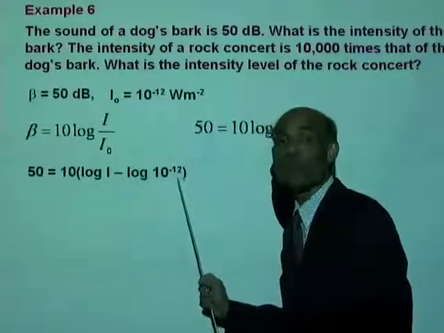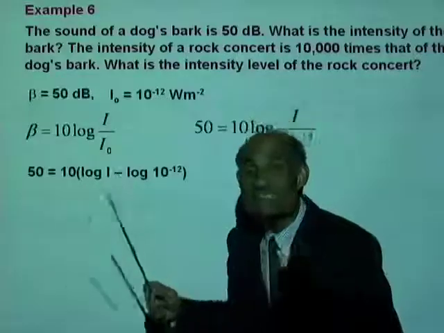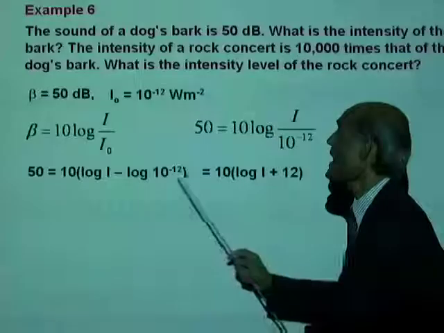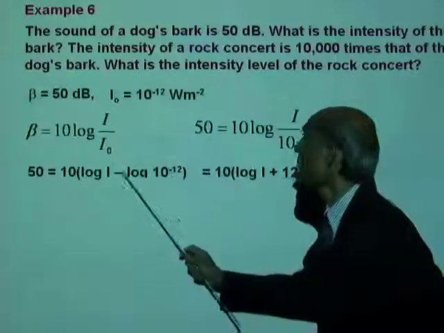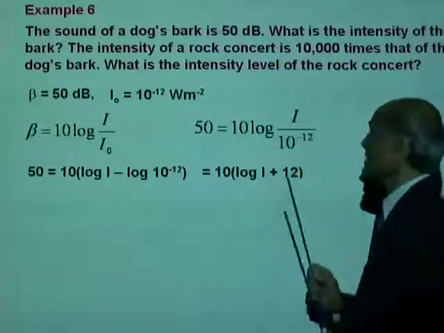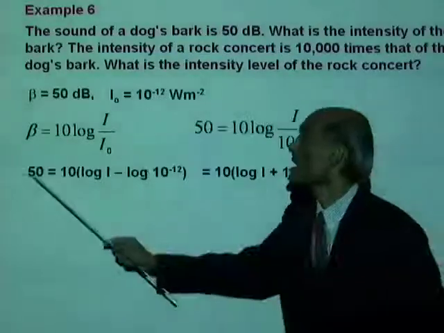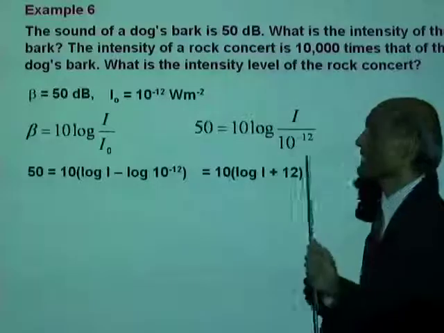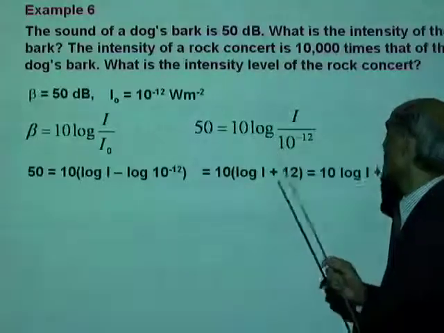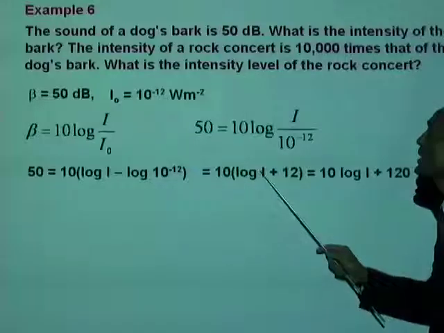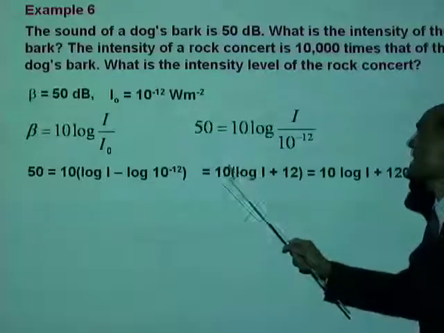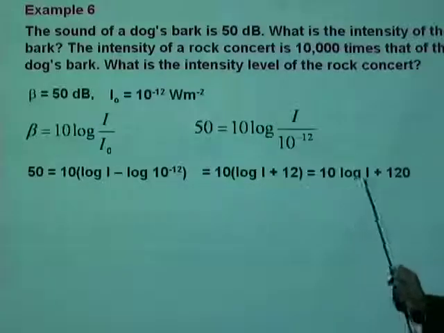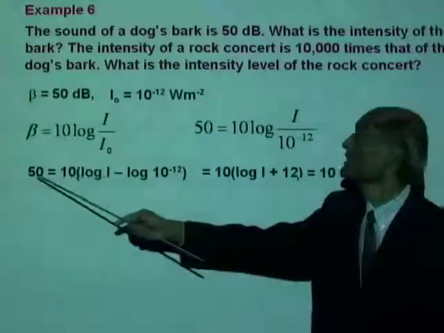Log of 10 to the power of negative 12 is negative 12. There you are. So that would be 10 times log I minus negative 12, which is plus 12. So you got 50 equal to 10 times log I plus 12. And that will be 10 log I, distribute that 10, 10 log I plus 120. And what is this quantity equal to? 50.